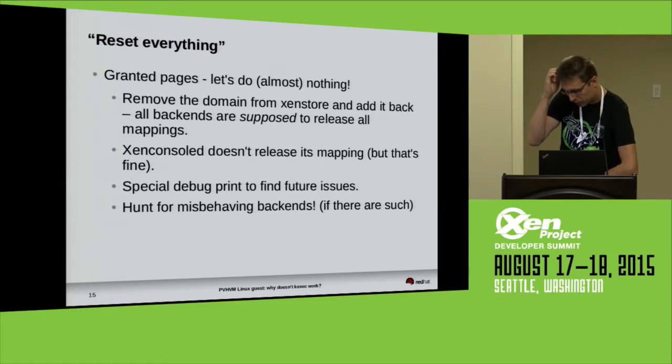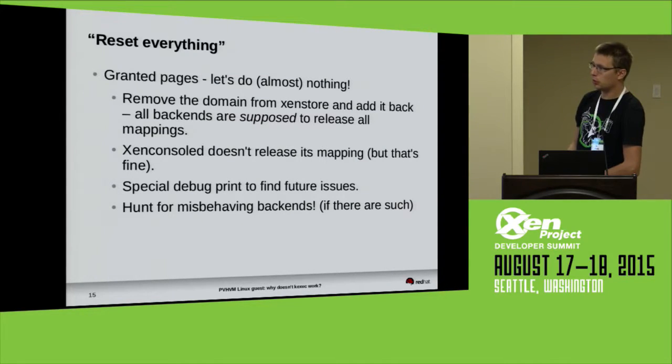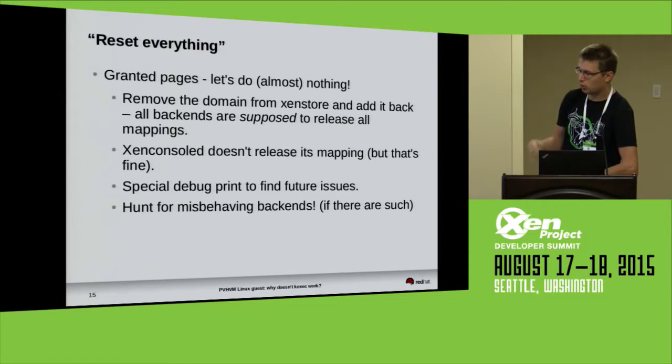So there is a question: what do we do with grant pages? Because, as I previously said, there is no good way we can unmap them. And the idea now is let's do nothing with them. What happens when we destroy a domain?